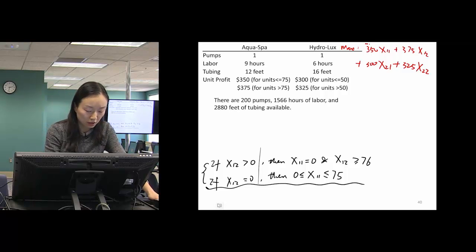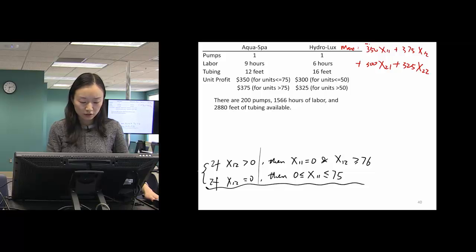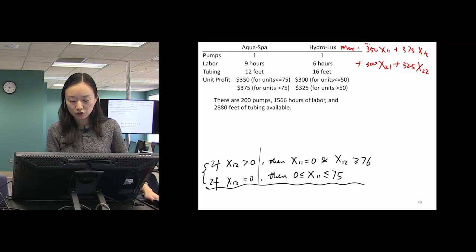Okay, so let's look at this condition that we're going to try to solve then. If x12 is greater than 0, then x11 needs to be equal to 0, and at the same time, x12 needs to be greater than or equal to 76. And the other situation, if this is 0, then the other variable needs to be between 0 and 75.